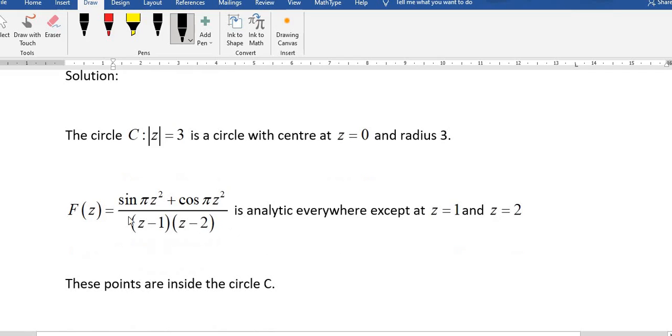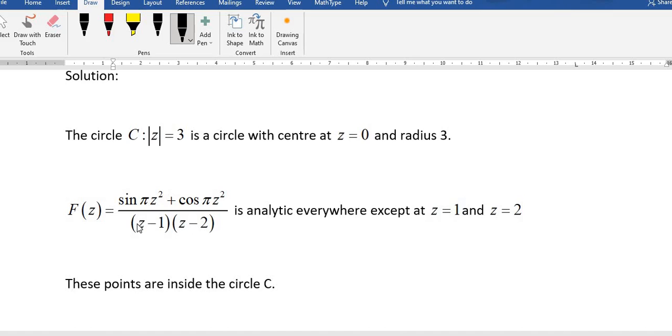So observe this one, capital F of z is analytic everywhere except at z equal to 1. Whenever z equal to 1, denominator becomes 0. Whenever denominator is 0, f of z value becomes infinity. And also z equal to 2. When z equal to 2, 2 minus 2 is 0.